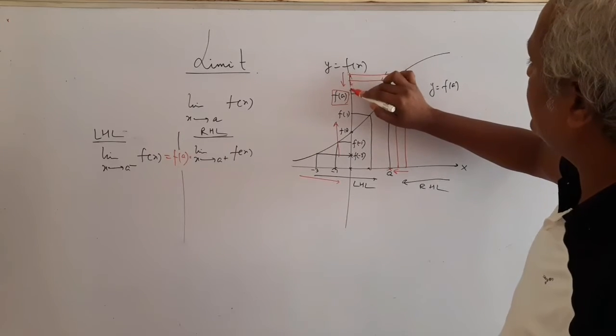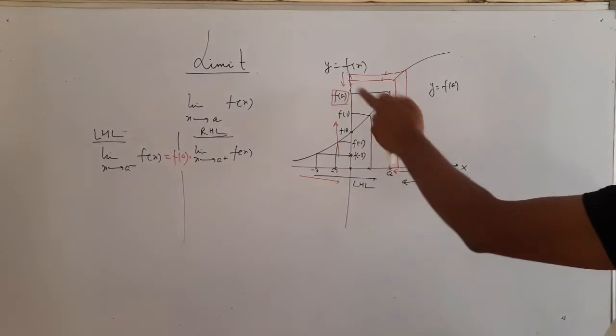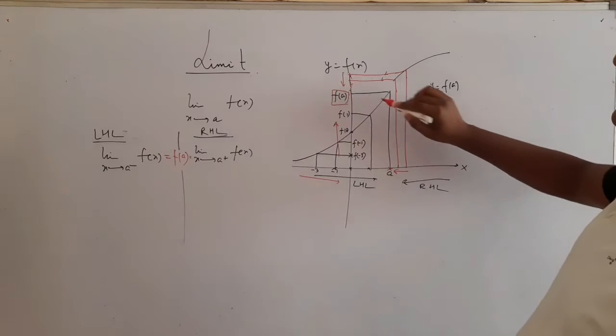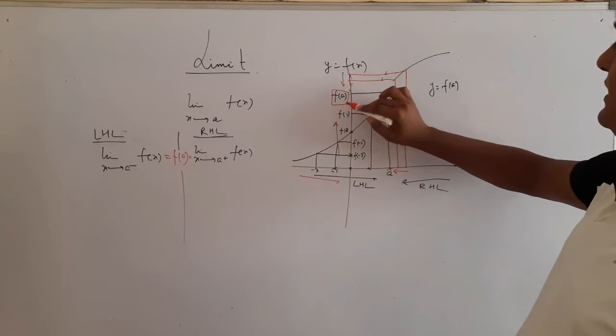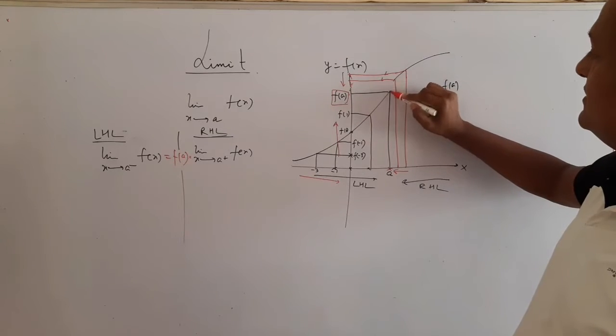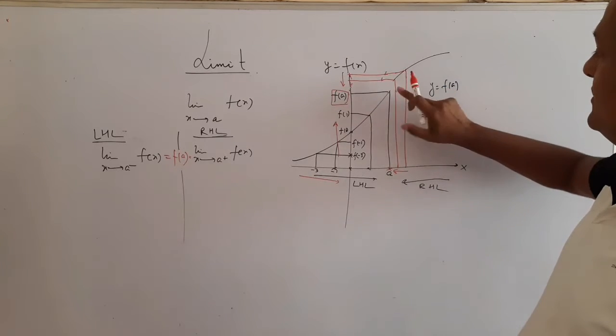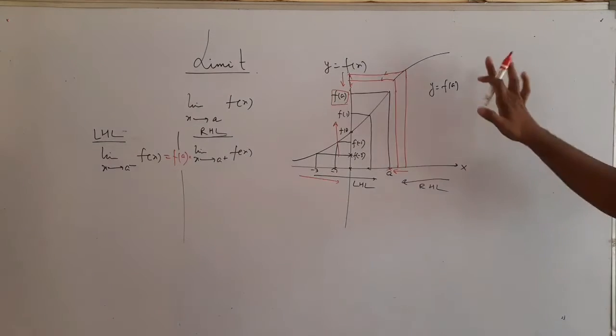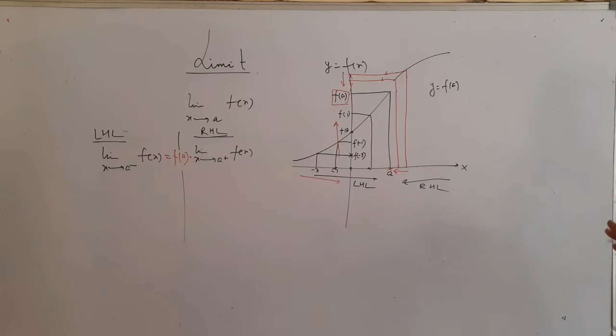Now it is just stopping there, it's not coming down. So in this condition, the left hand limit is not equal to f(a), because there is a gap here, because the function has been defined differently. So in that condition, the limit does not exist.